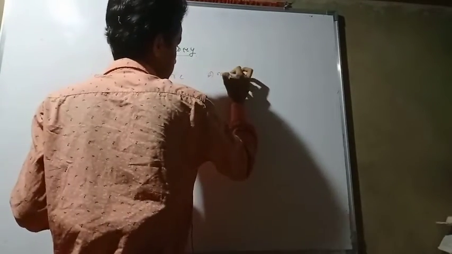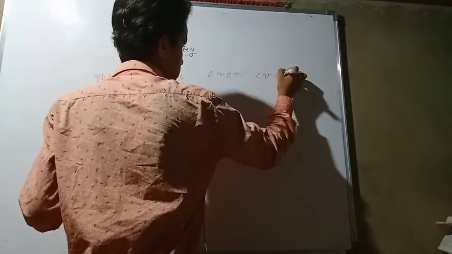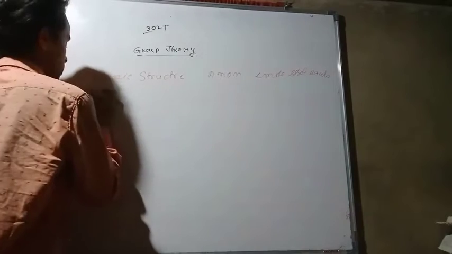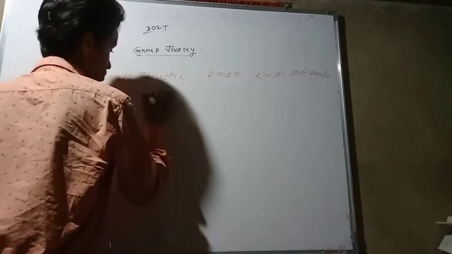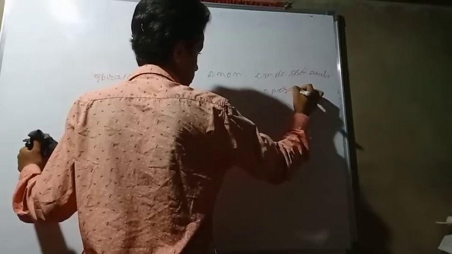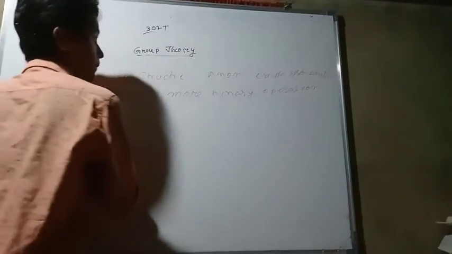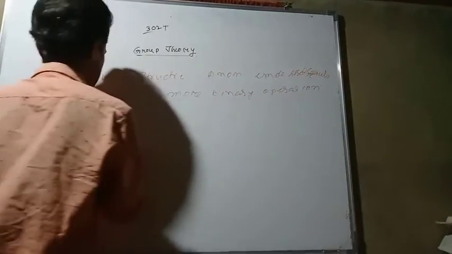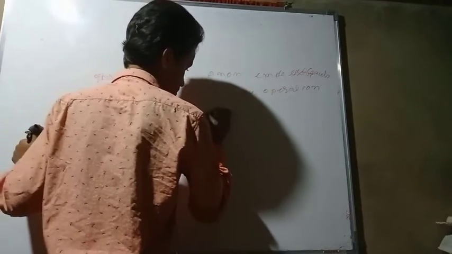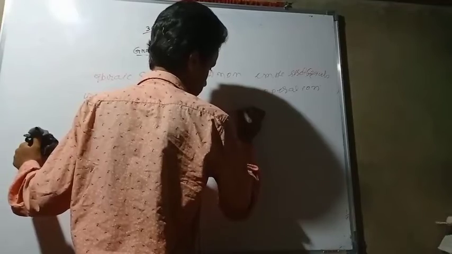A non-empty set G equipped with one or more binary operations is called an algebraic structure.